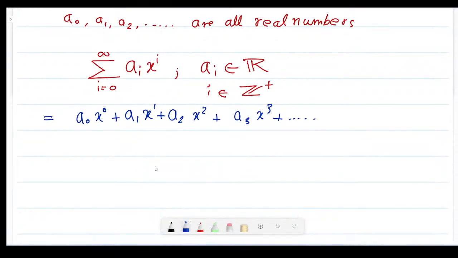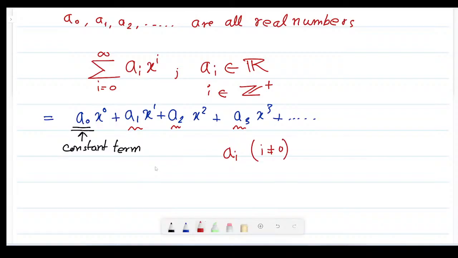Okay, in this expression, this term is called the constant term, and these terms are coefficients of x to the power 1, x to the power 2, x to the power 3, x to the power 4, respectively, such that ai for i not equal to 0 are coefficients of x to the power i.